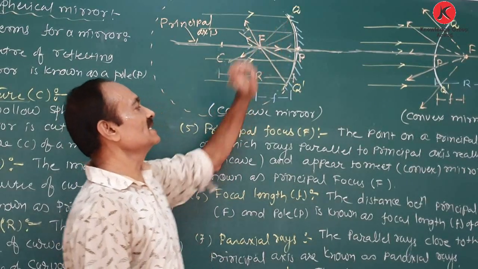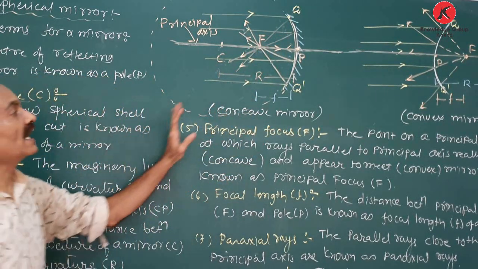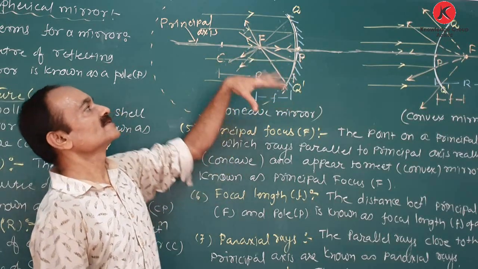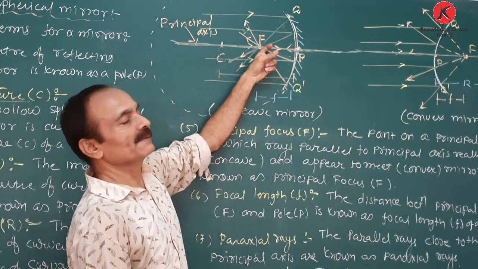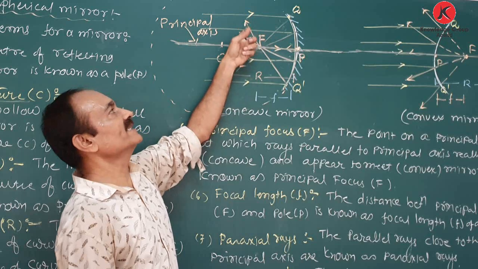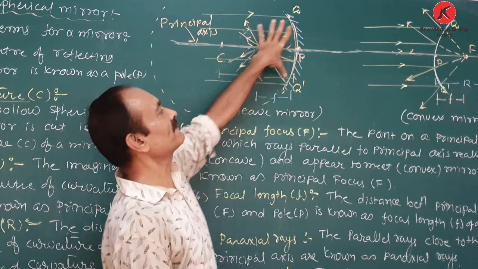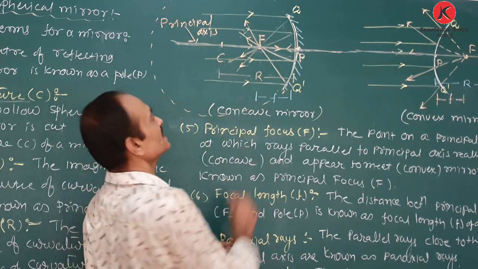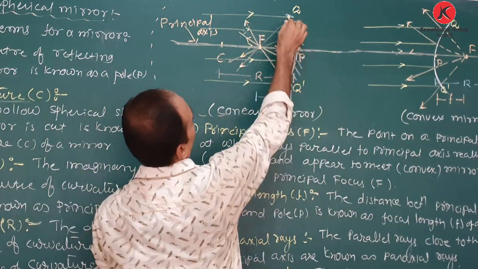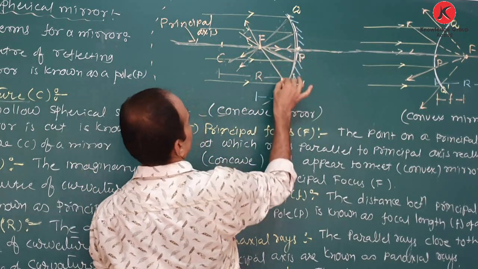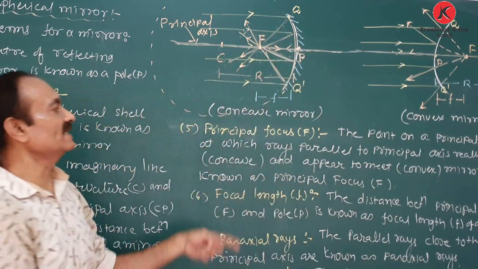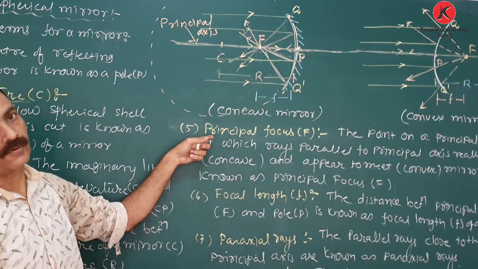This point is known as the principal focus. So the point on the principal axis at which the rays parallel to the principal axis really meet after the reflection is known as the principal focus.